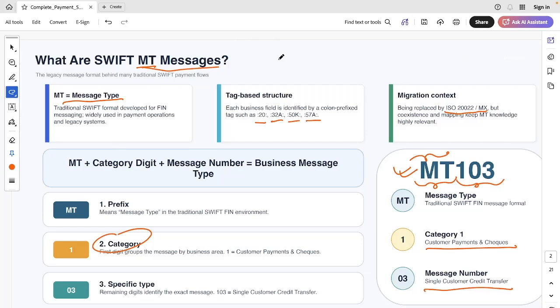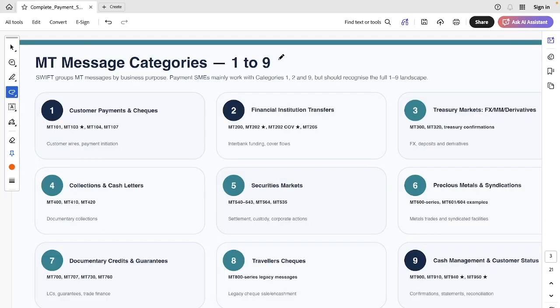Now that we know what MT messages are, let us see how Swift groups them into categories. Swift MT messages are grouped into categories based on the business purpose of the message. There are 9 categories in total.